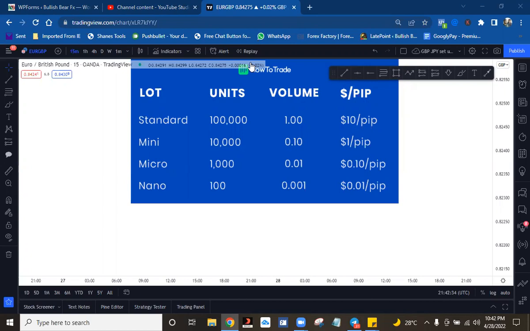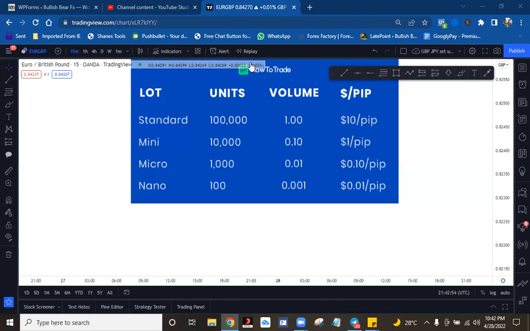My stop loss is 5 pips. If price hits my stop loss, how much would I lose? Let me make it more simple.